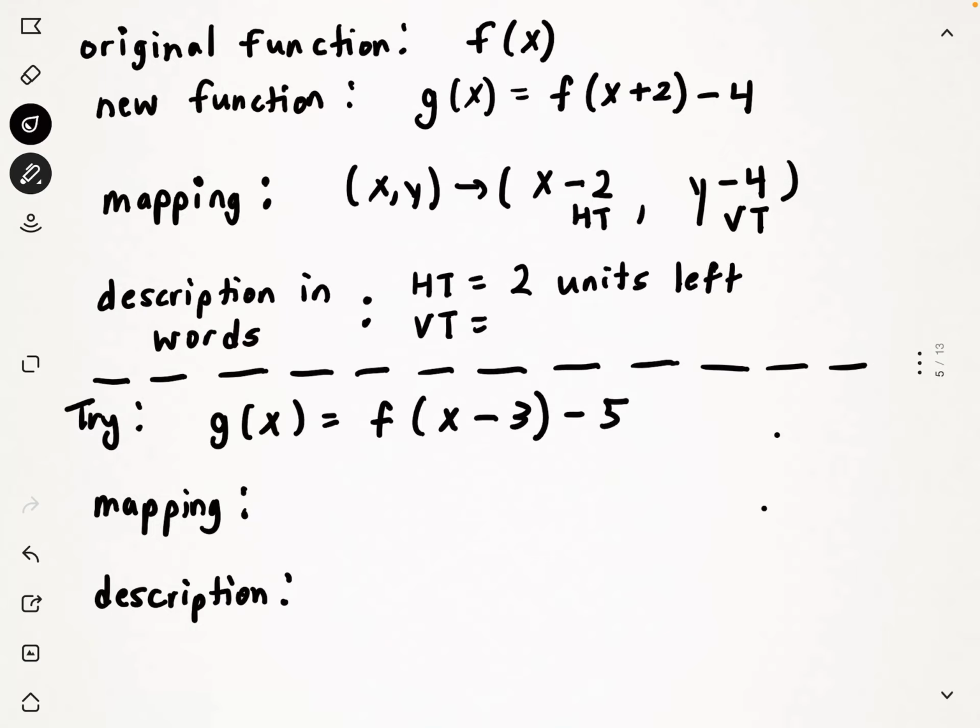As long as you have the number and the direction, then you've done a description in words. And now we have vertical translation, which is minus 4. Vertical is up or down. If it is minus, then it is down. So we're going to move 4 units down. Now I don't have an actual graph here, but whatever the original graph is, we take that and move it to the left 2 and then down 4.